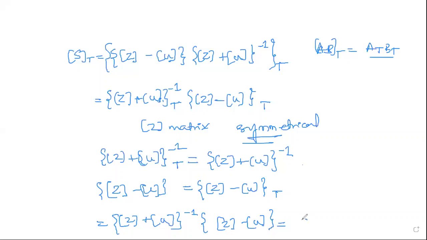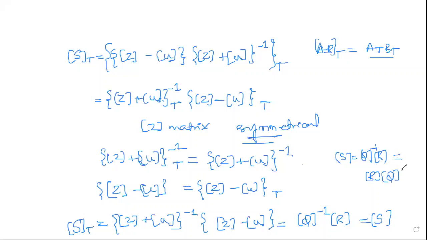Q. So this will be Q inverse, and Z minus U will be R. So you have S transpose equal to Q inverse into R, which is also equal to S. If you check the equation of S, S is also equal to Q inverse R, and this is also equal to matrix R into Q inverse.